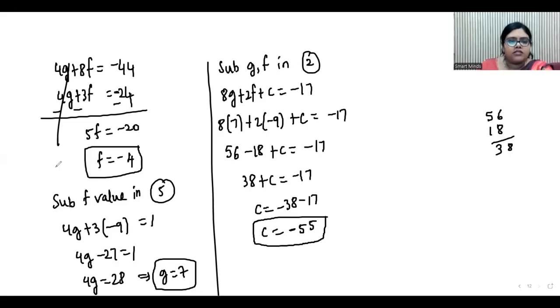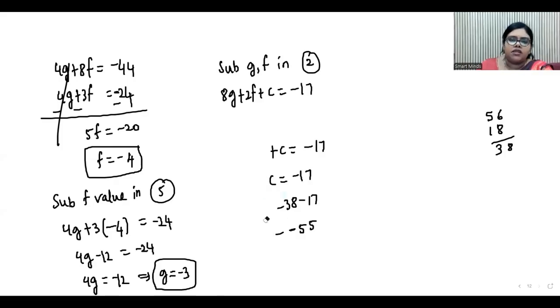So if f is minus 4, then the g value will change. f is minus 4, then minus 12. This is minus 24. So 4g minus 12 is equal to minus 24. So 4g is equal to minus 12. g is minus 3.